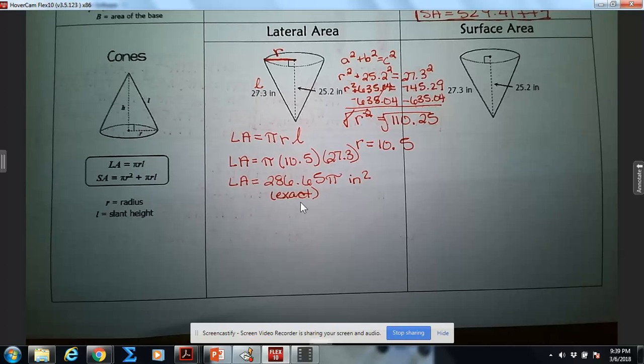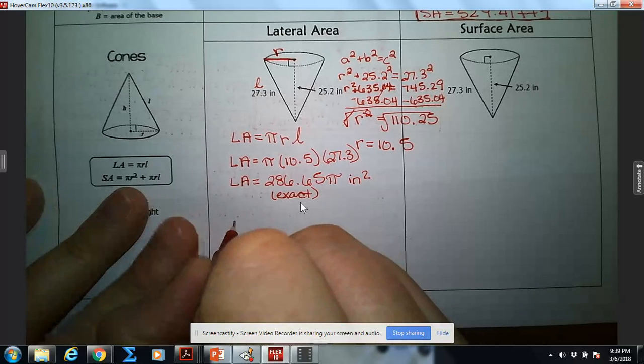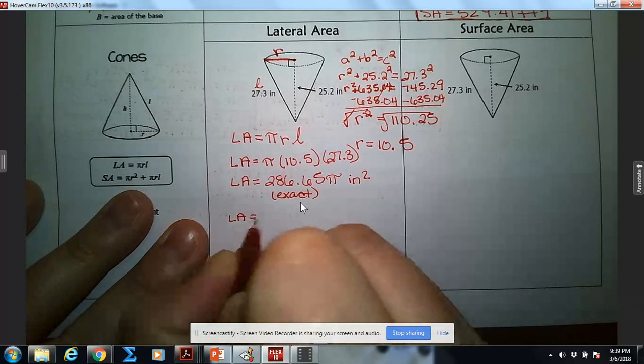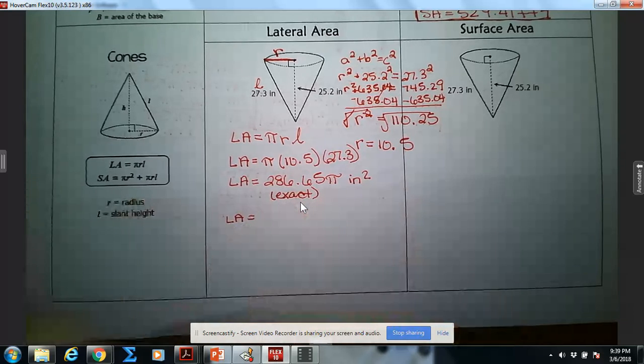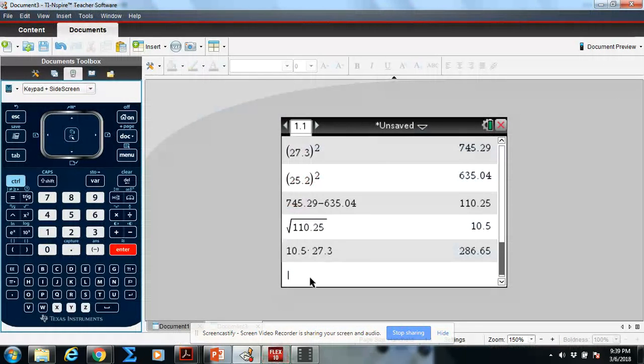To get a rounded value, we would just multiply the 286.65 times pi. Just multiply them together.